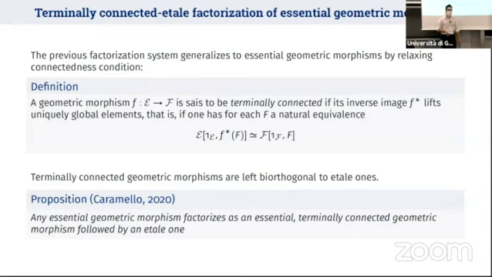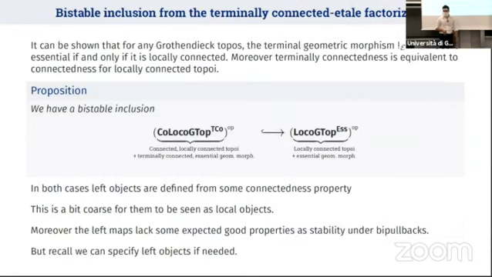And you can show that terminally connected geometric morphisms are left orthogonal to étale ones. And it was shown that essential geometric morphisms factorize uniquely this way, which gives you a bistable inclusion of connected and locally connected Grothendieck topoi with terminally connected geometric morphisms between them into the bicategory of locally connected Grothendieck topoi and essential geometric morphisms between them, where the local connectedness is automatic for objects, because a topos is locally connected if and only if its terminal map is essential.